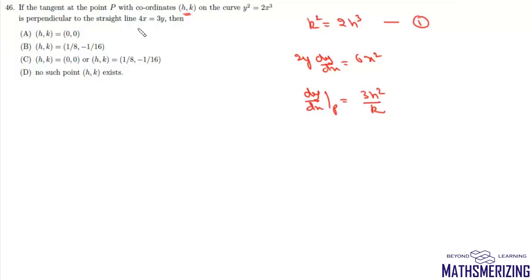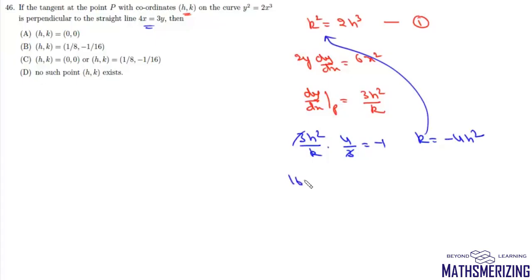Now this tangent is perpendicular to this straight line, so product of slopes is minus 1. So we'll get 3h square upon k into 4 upon 3 equals minus 1. This 3 will cancel. We can write the value of k as minus 4h square. Now we'll put the value of k in this first equation. We'll get 16h to the power 4 equals 2h cube.